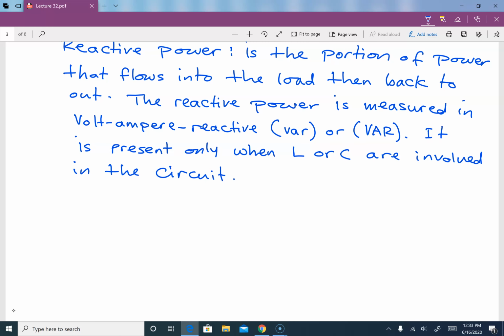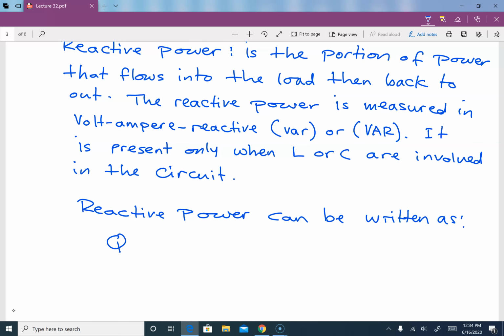So reactive power can be written as Q is equal to 1/2 Vm Im sine of theta V minus theta I, and that is in volt ampere reactive.